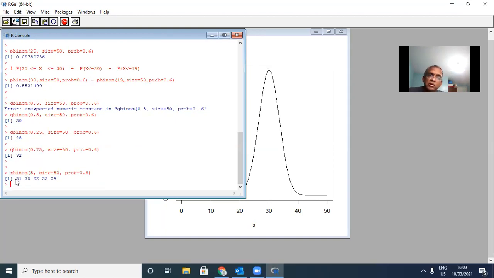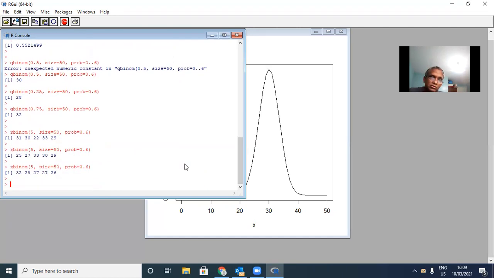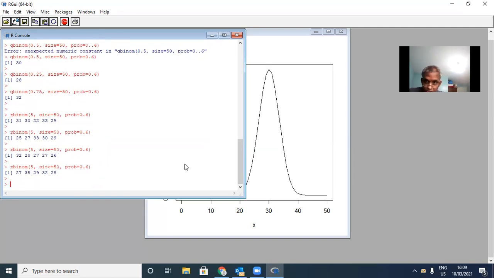So these 5 numbers come from a binomial distribution with parameters 50 and 0.6. If you repeat it over and over again, you will get different numbers because they are random. Every time you repeat a random experiment, you get different outcomes. That's the purpose of randomness.